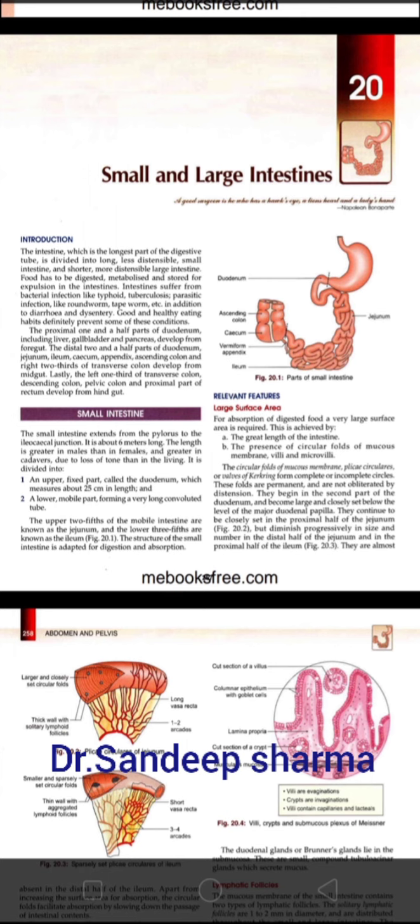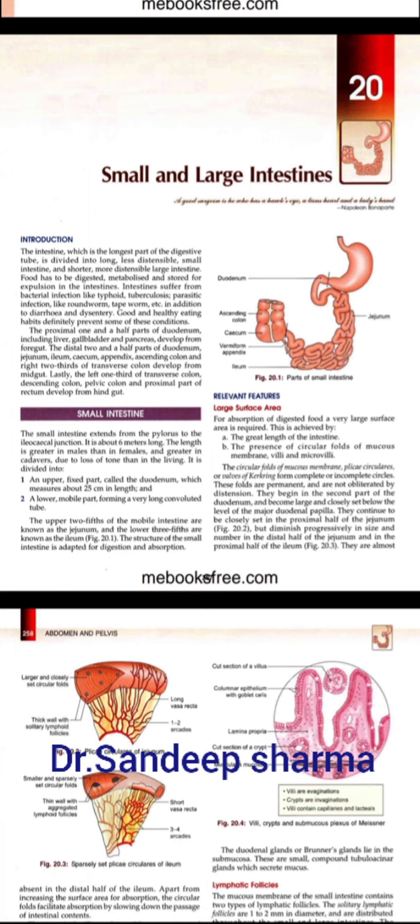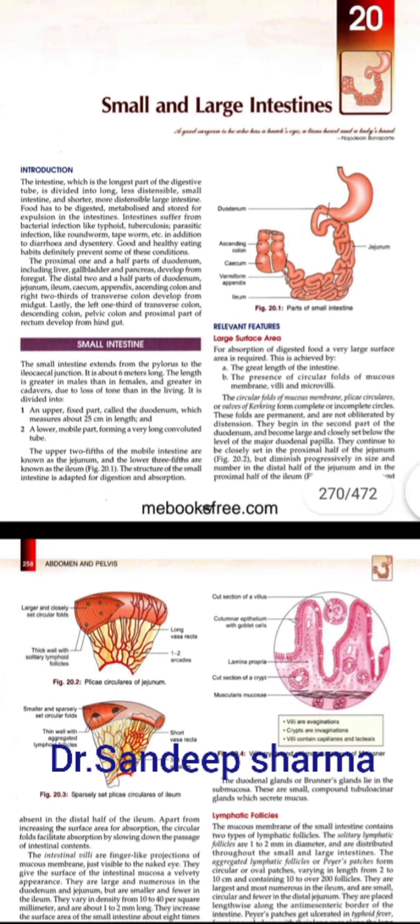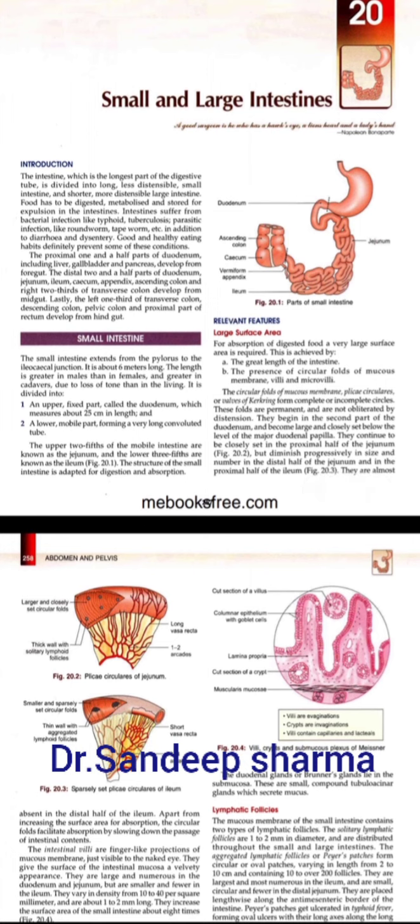The upper part is fixed and called the duodenum, which measures about 25 centimeters in length. The lower is the mobile part, forming a very long convoluted tube. The upper 2/5 of the mobile intestine is known as the jejunum, and the lower 3/5 is known as the ileum.